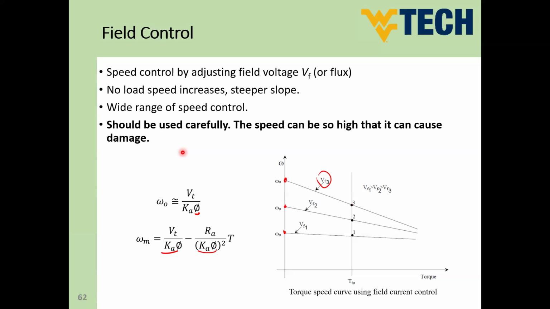Field weakening means reducing the field to very small values and increasing the speed to very high values. Field weakening is used to increase speed up to twice the no load speed. So what is the limitation? Actually, the limitation will be the motor bearings. The bearing has a maximum operating speed.